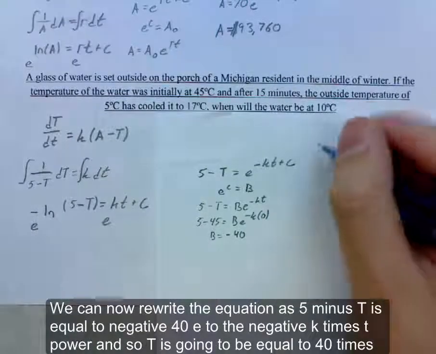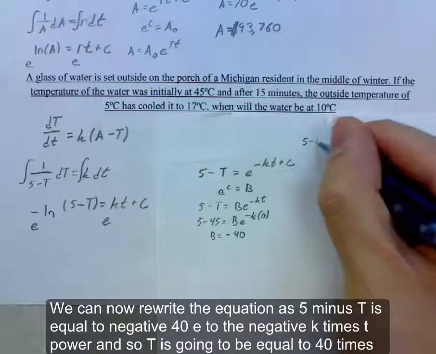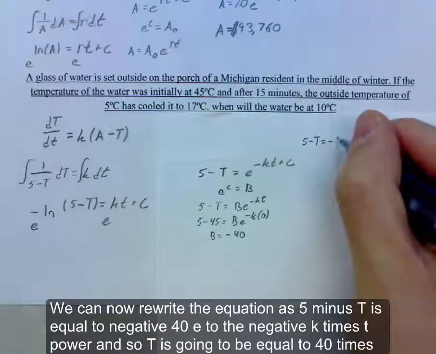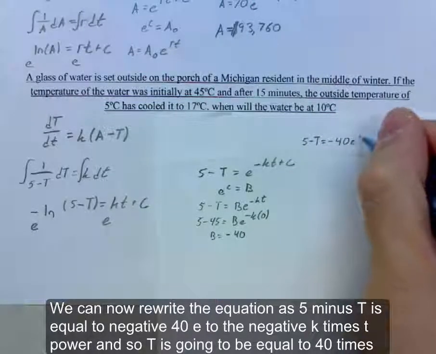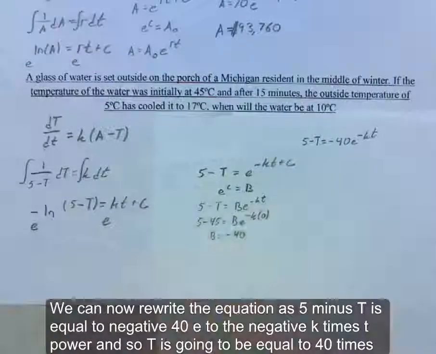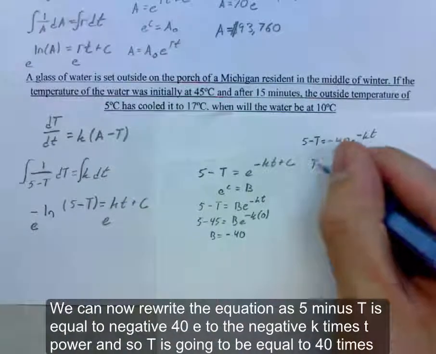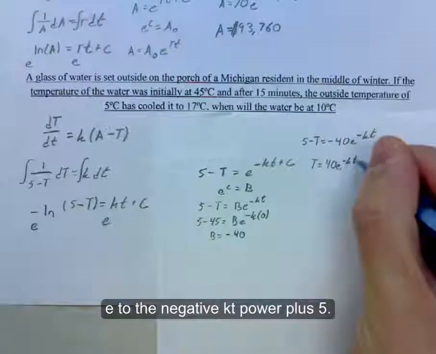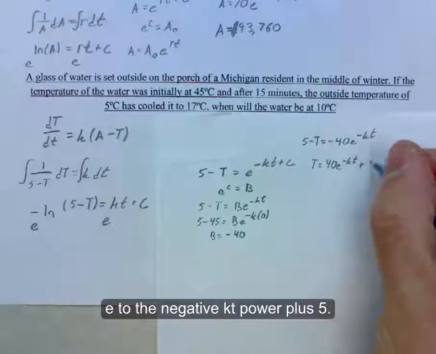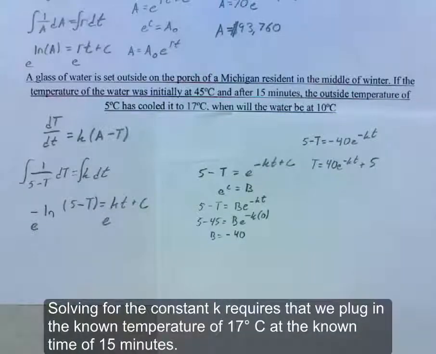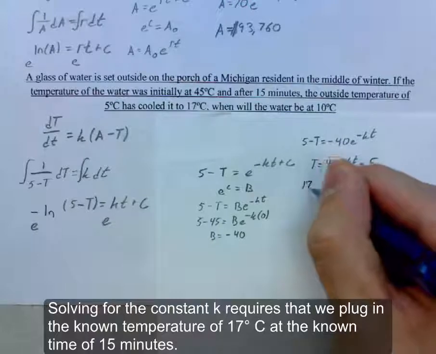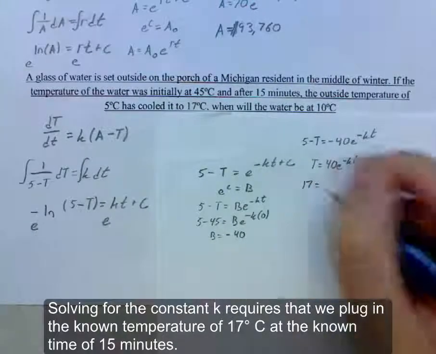We can now rewrite the equation as 5 minus T is equal to negative 40 e to the negative k times t power. And so T is going to be equal to 40 times e to the negative kt power plus 5. Solving for the constant k requires that we plug in the known temperature of 17 degrees Celsius at the known time of 15 minutes.